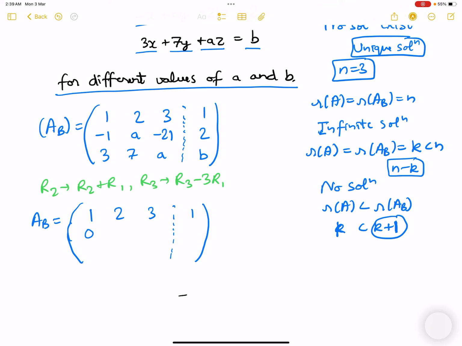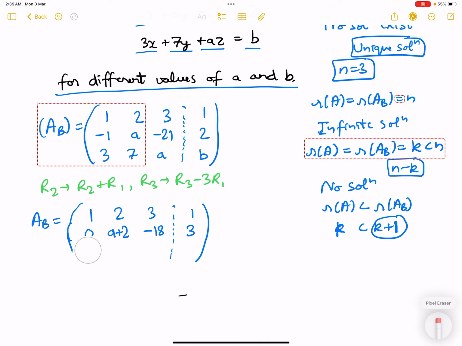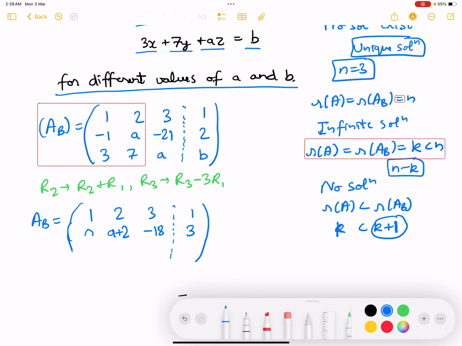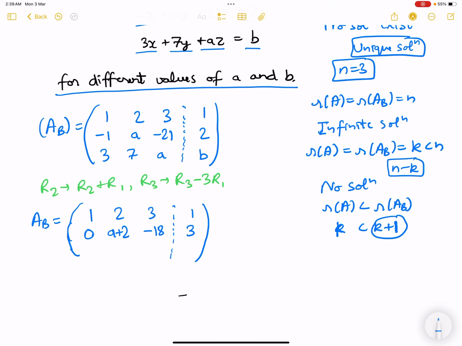Now this would become 0. This would become a plus 2. This would become minus 21 plus 3, which gives minus 18. 2 plus 1 is 3. Now 3 minus 3 times this would be 0. 7 minus 2 into 3 is 1. This would be a minus 3 times 3, a minus 9. And this would be b minus 3.